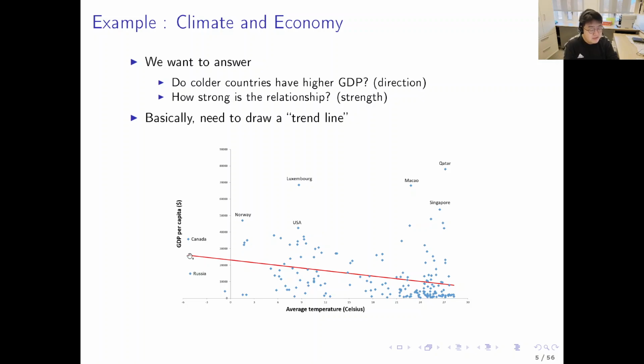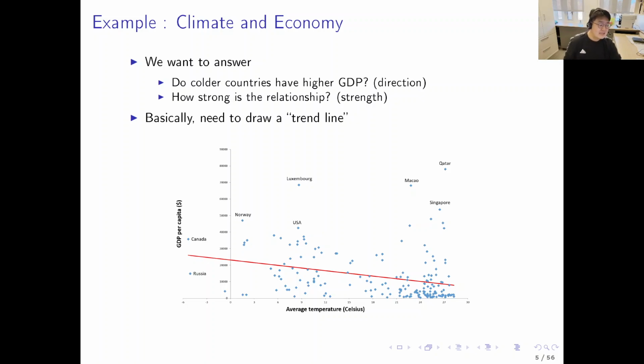If this trend line is going down, that means as a country gets hotter, the GDP per capita is getting lower. As it goes to the right, the slope goes down. The trend goes down, so we can tell that the direction is negative. Colder countries are richer, and warmer countries are poorer. That's what you can tell from this red trend line.